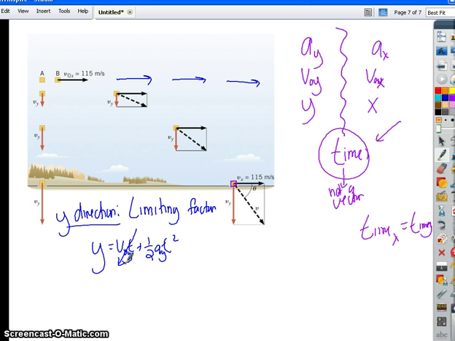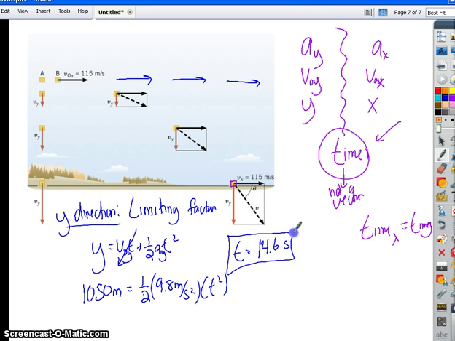So this thing has to fall 1,050 meters, equals 1/2 times 9.8 meters per second squared, times t squared. We have to solve for t. Multiply both sides by 2, divide by 9.8, square root both sides, and we get a t equal to 14.6 seconds.